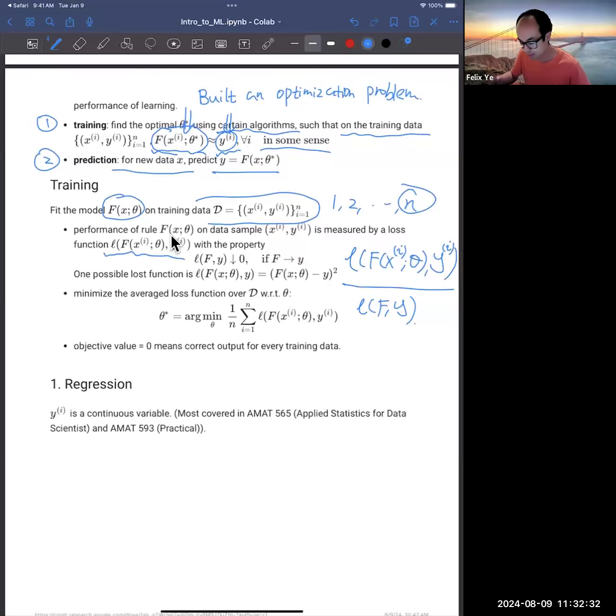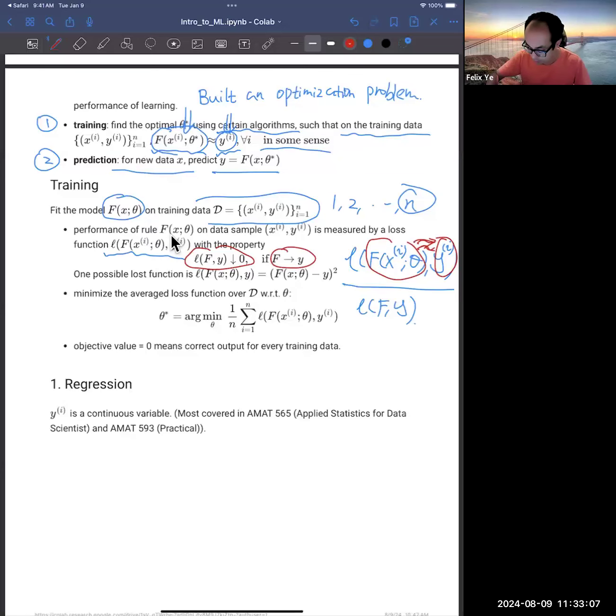So it has to satisfy certain properties. That means if these two are close, then this loss should go to 0. This is very simple. Just think about f being close to y, which means my prediction is very close to my ground truth, and then this should go to 0.